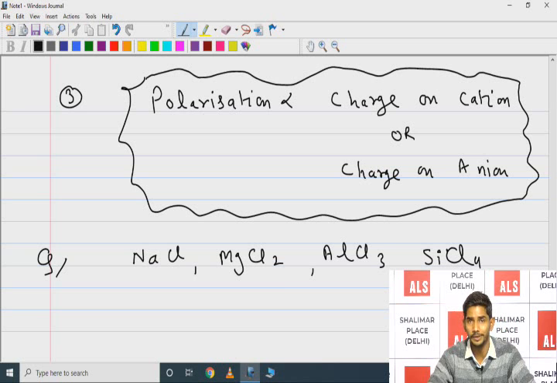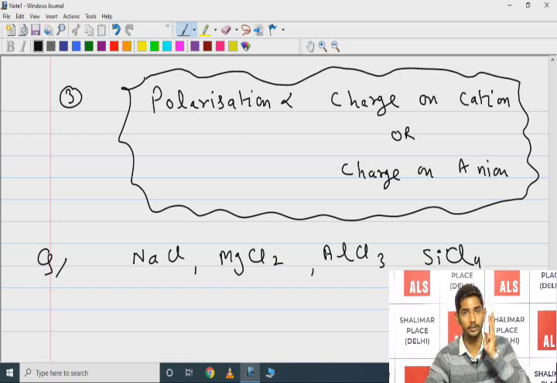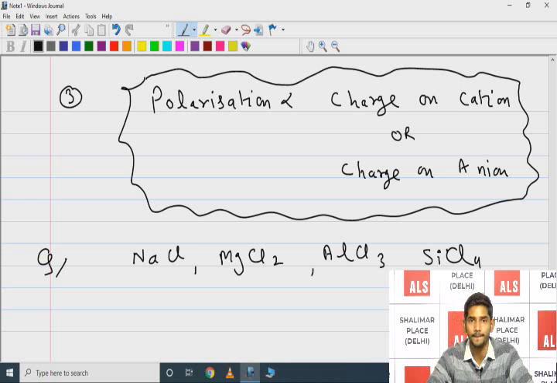One chlorine can create one positive charge, so if two chlorine are there, they will create two positive charge. If three chlorine are there, they will create three positive charge on the atom in front of the chlorine. On the basis of this, just do this question.